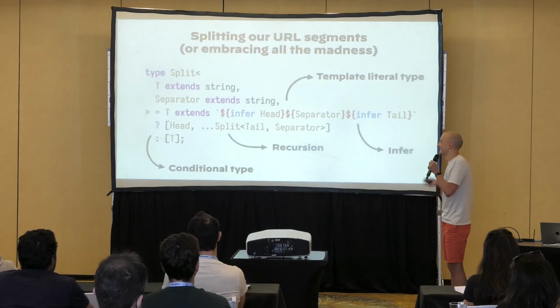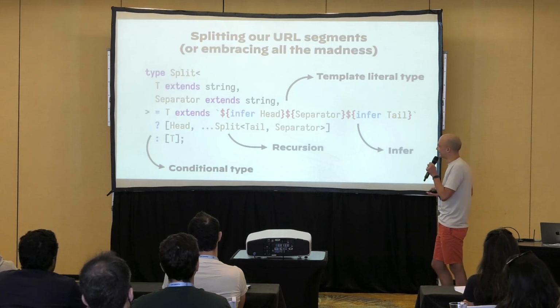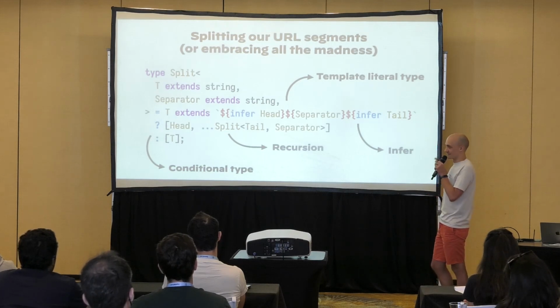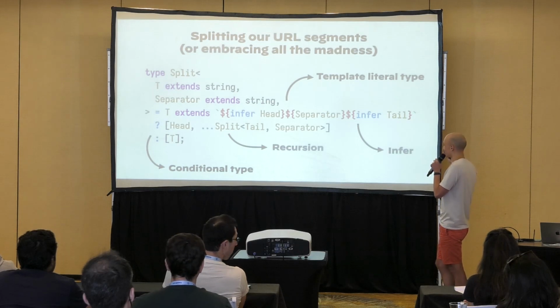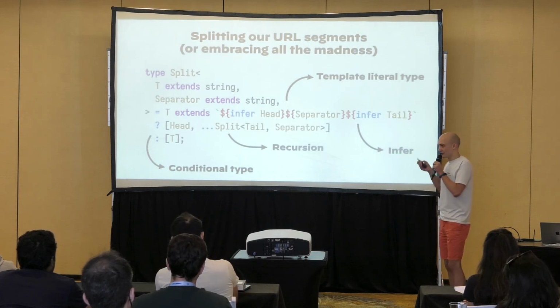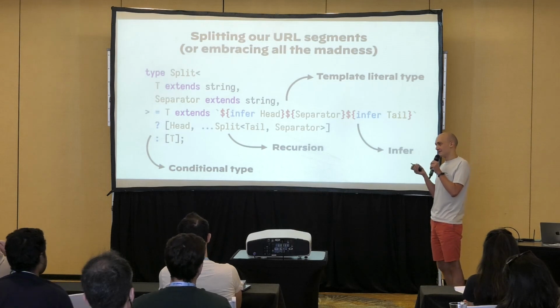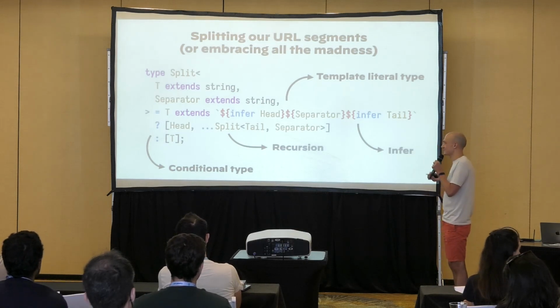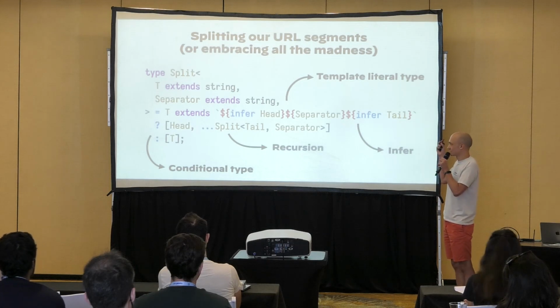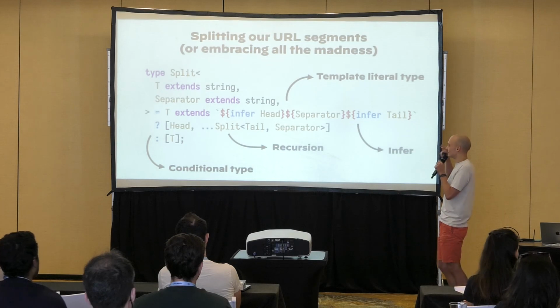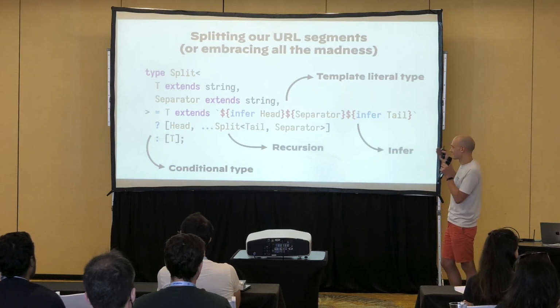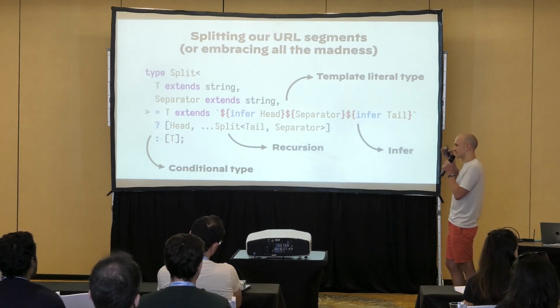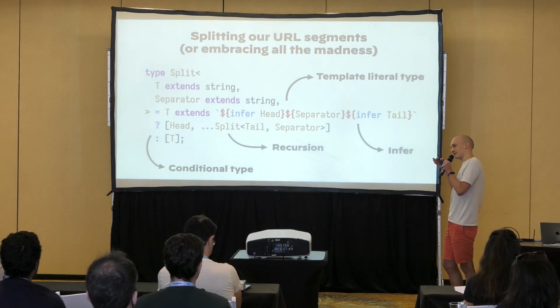Now, let's go further. Using the four features I expressed to you a bit earlier, you are able to re-implement the string split function, like in JavaScript actually. So you just check: does it look like something that has a start, a separator in the middle, and a tail?